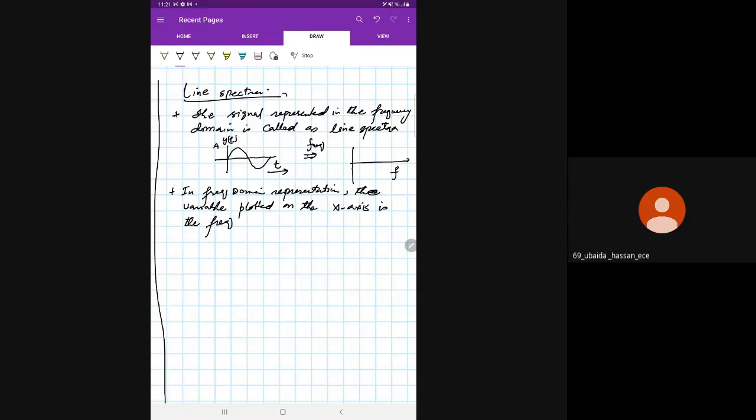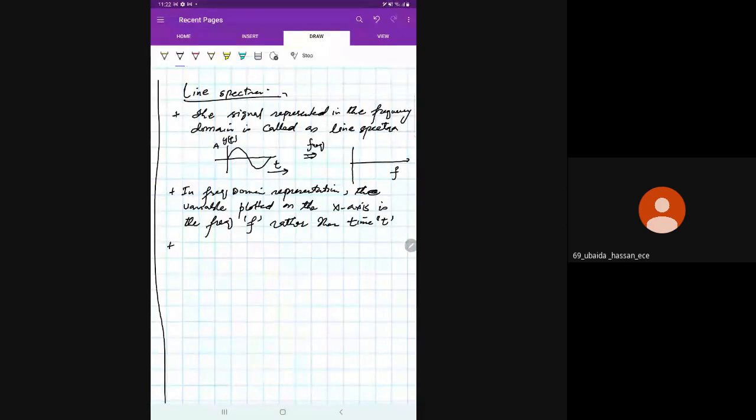The variable plotted on the x-axis is the frequency f rather than time t. So the signal is not plotted against time, but it is plotted against frequency.